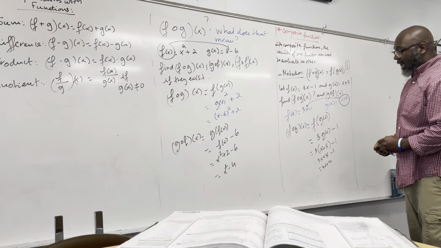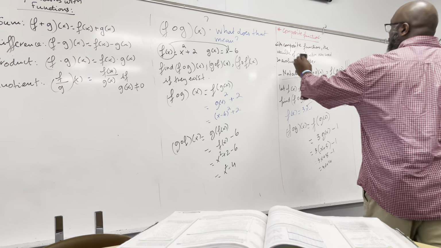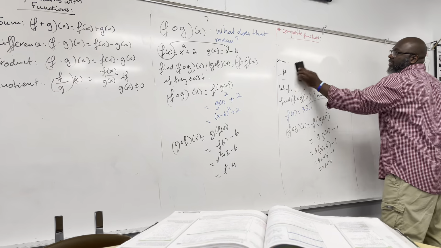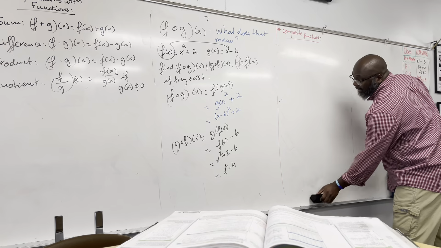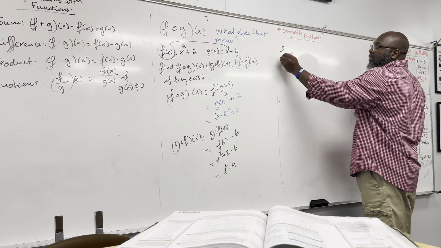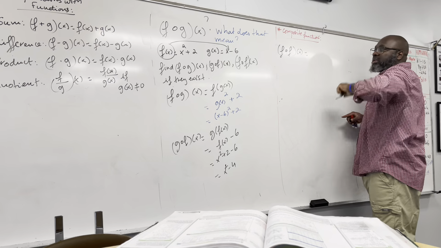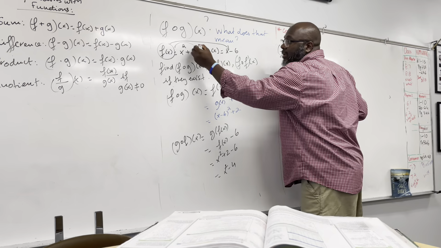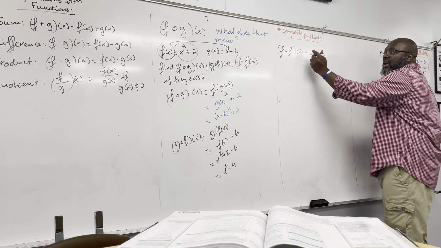And now lastly, I have f of x. Now I'm doing f circle f of x, right? So you're just plugging the same equation in for x. I'm taking this function and plugging it into itself.